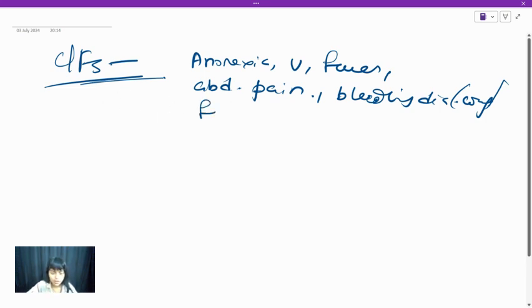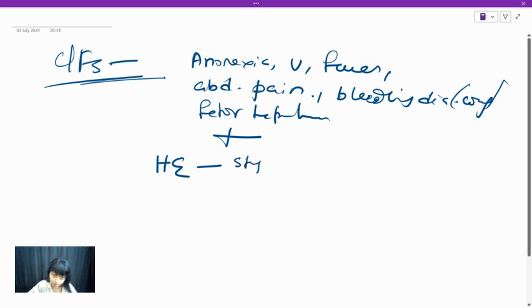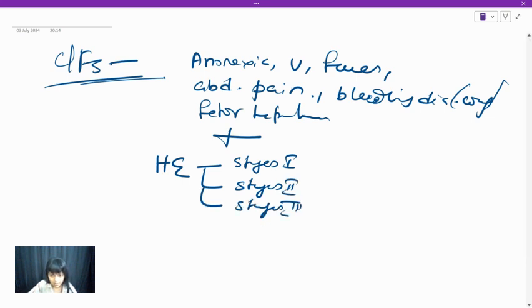And well, fetor hepaticus, right? And very important are features of hepatic encephalopathy, and there are 4 stages of hepatic encephalopathy. So if you're not remembering all the 4 stages' features separately, no problem, I'll just be highlighting the important points and the MCQ zones from the stages.